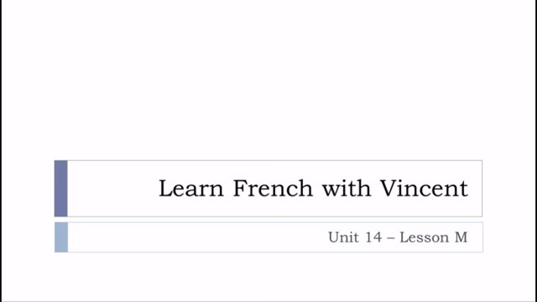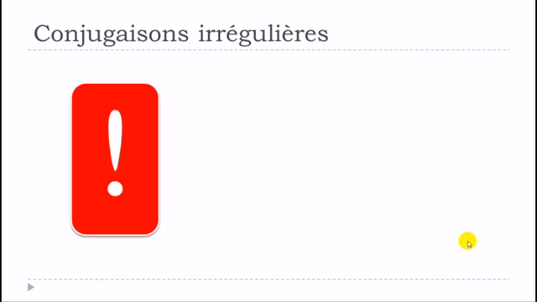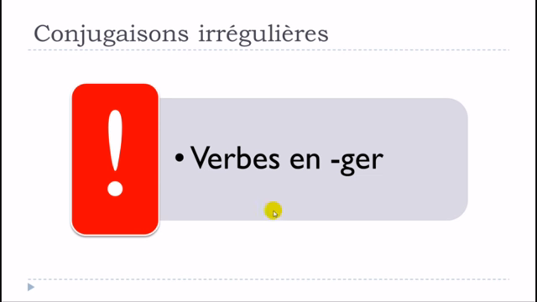This is Unité 14, leçon M, and in this lesson we'll continue the series that we just started in the previous video concerning les conjugaisons irrégulières, and we're talking about the verbs from the first group ending with GER, okay? Because if you remember carefully, when I introduced the first group, it was a long time ago, I know, but then I said that the first group of verbs are regular verbs, and that's true.